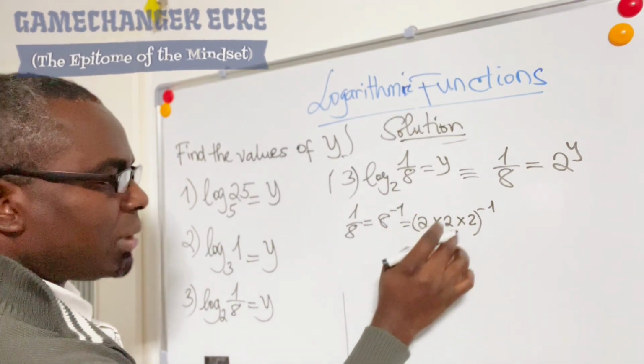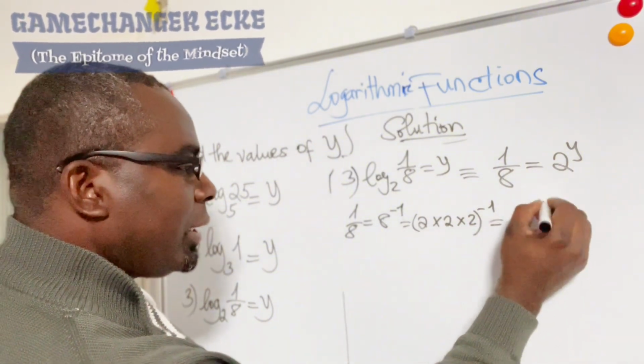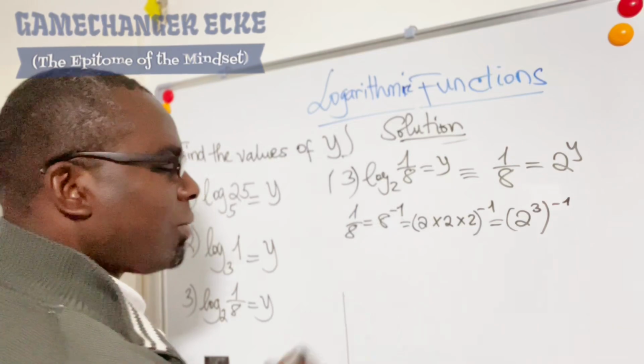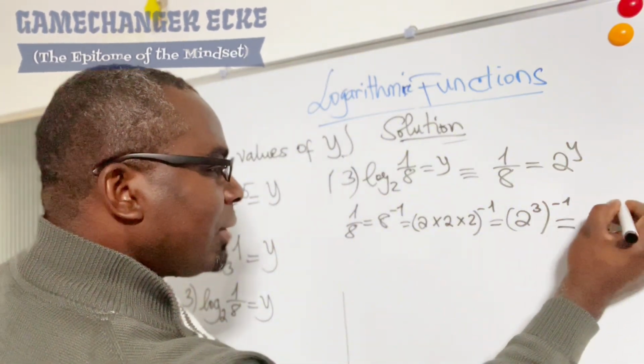And 2 times 2 times 2 is the same as 2 to the power 3, all to the minus 1. And this is the same as 2 to the power minus 3.